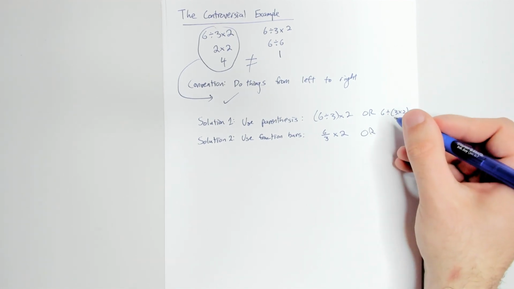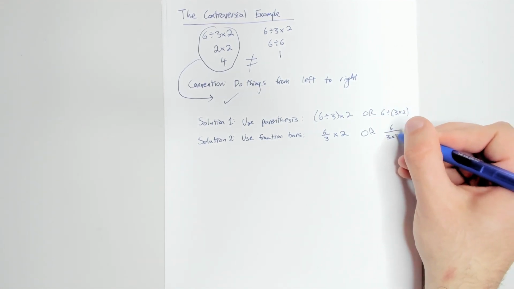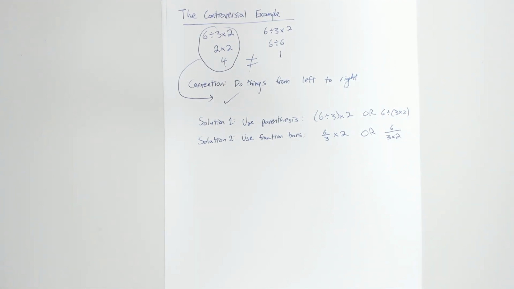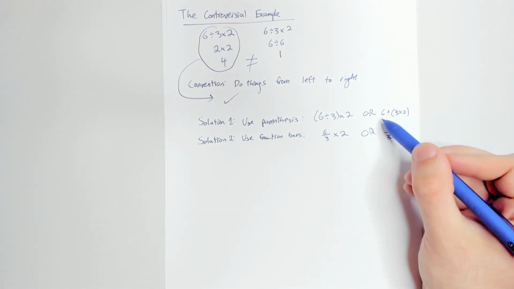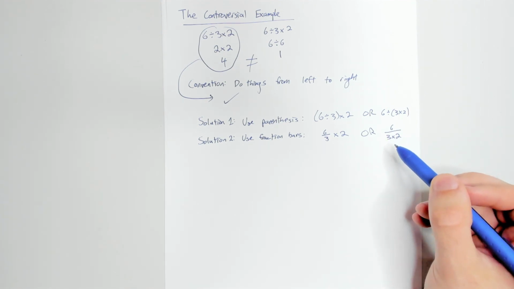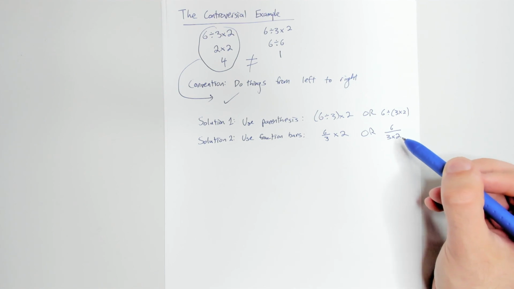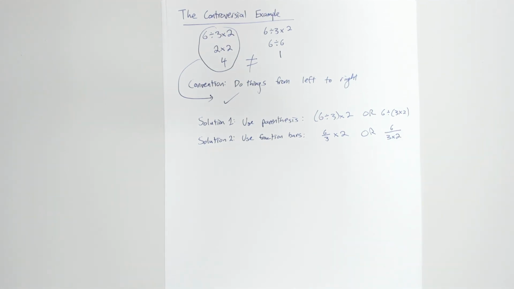In the other situation, we're doing 6 divided by all of this, so we would write that as 6 over 3 times 2, like that. Again, these are the same thing, where we evaluate everything in the numerators and denominators first, as though they have a hidden pair of parentheses, before we do the complete division.